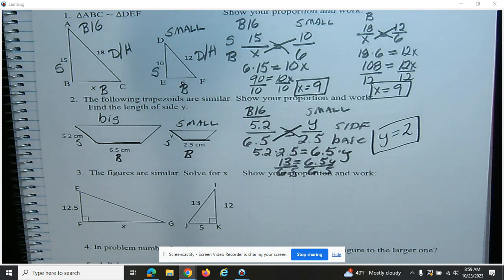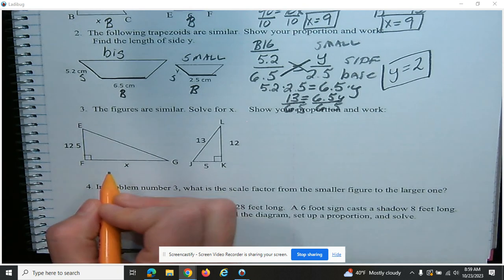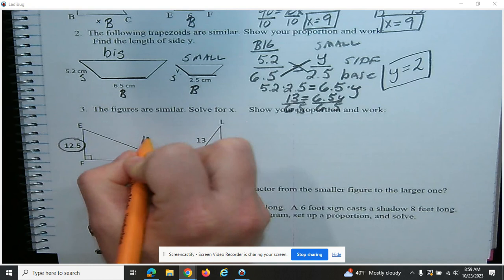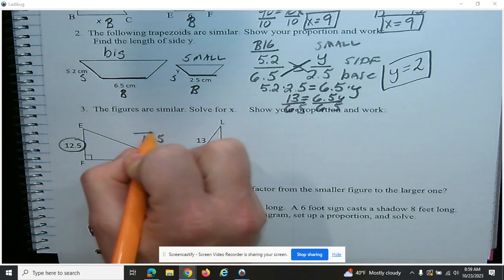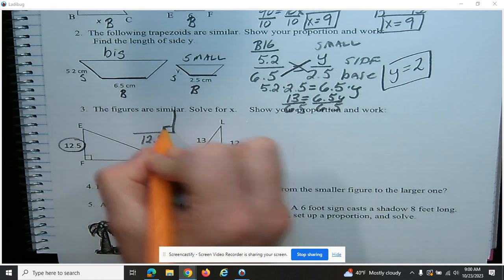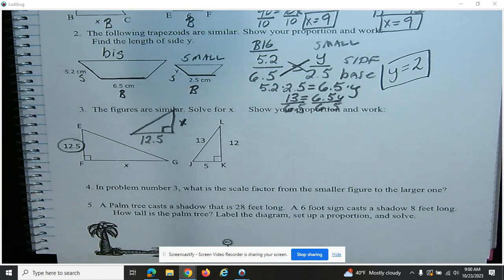We discussed that the two shapes are not situated the same way, right? I've got to flip one of them to match it. If I flip this one, I've got to move the 12.5 to the base. If I move it to the base and make my two right angles the same, this is the side I don't know.